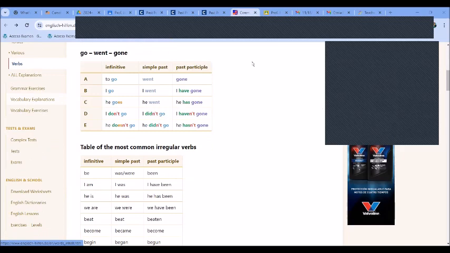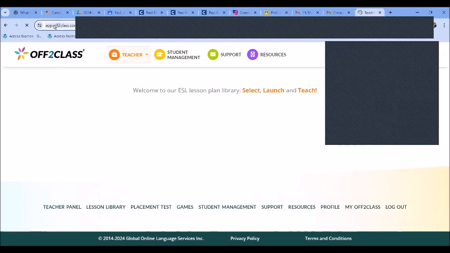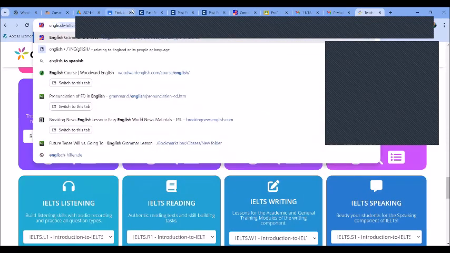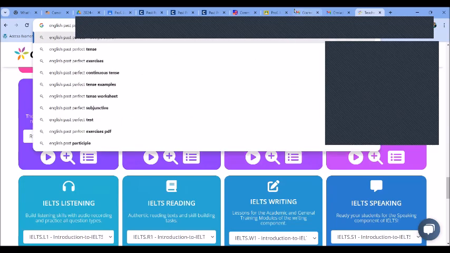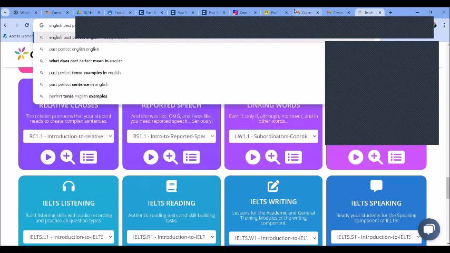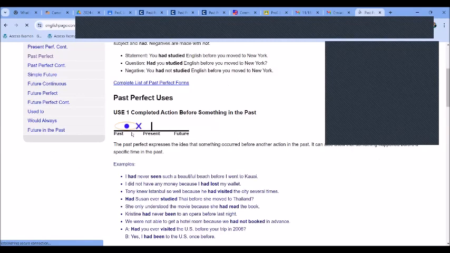Should I do it from this one or should I do it from another one? Let me do one so you can see a timeline. An English page usually has nice timelines. Right? So when we think of the past simple and before we have the past perfect.